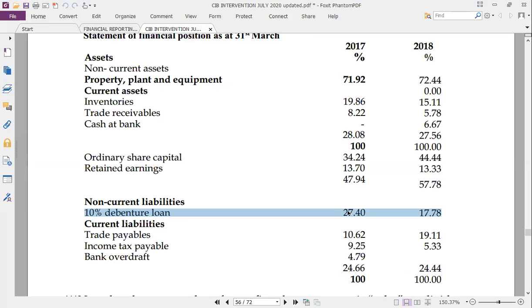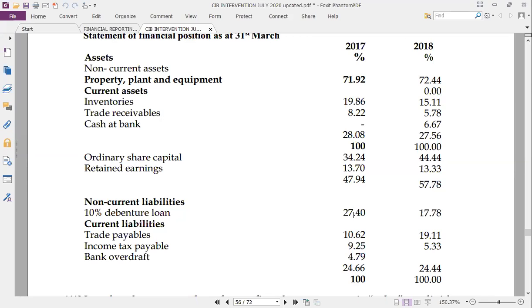So when you go to the equity section, just tell the examiner that in 2017, 47.94% of the assets was financed by equity, which increased to 57.78% in 2018. Full stop. I'm done. With the remaining balance being financed by the non-current liabilities and then the current liabilities.